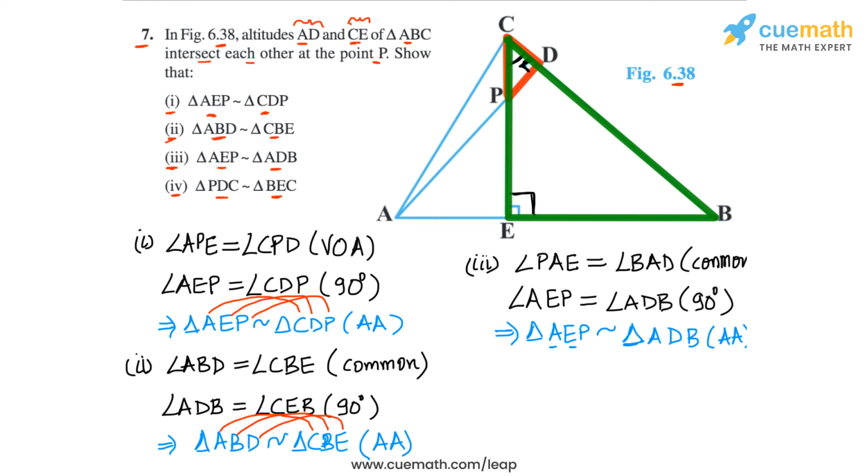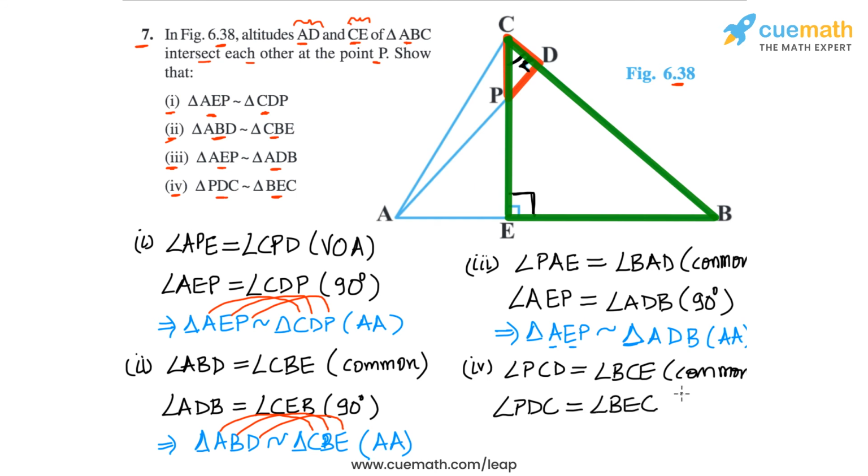So once again, the AA similarity criterion can be applied in this case also. So this is part 4, and we have angle PCD is equal to angle BCE, because this is basically the same angle, so we can write the reason as common. And then angle PDC is equal to angle BEC, as both of these angles are equal to 90 degrees.